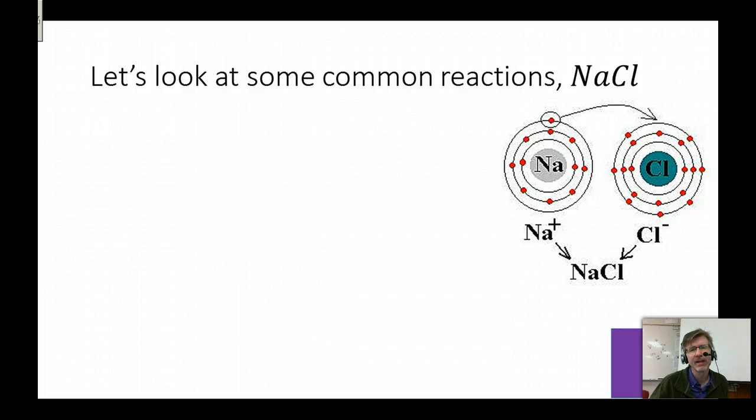All right, so those are all the groups. We just went over whether they lose or gain electrons and how many they lose or gain. That depends on the group number. We'll go over that again in just a second. Let's talk about sodium chloride. Check out sodium here. Sodium has 11 electrons: 1, 2, 3, 4, 5, 6, 7, 8, 9, 10, 11.